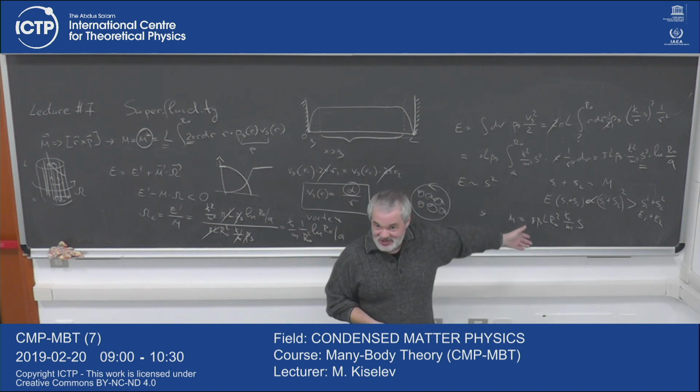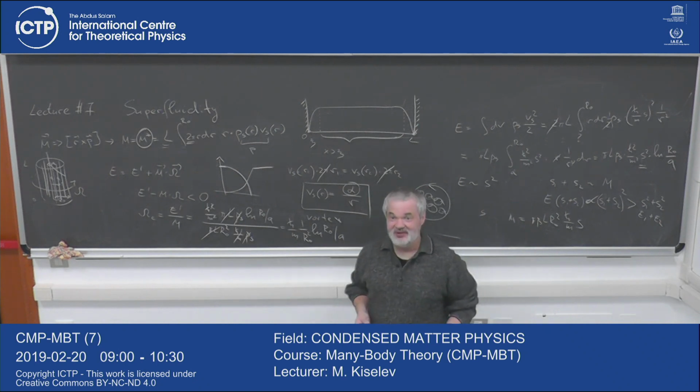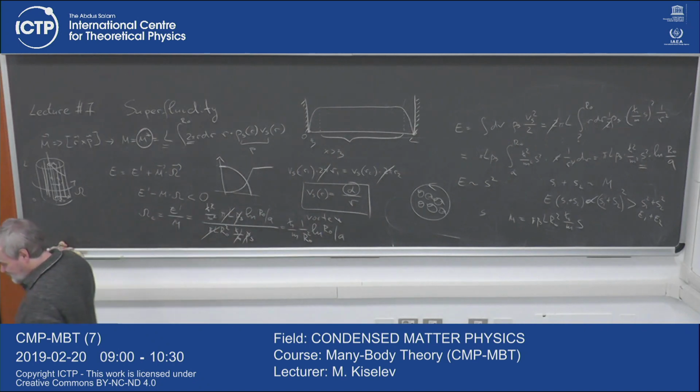Because for momentum it's the same, for energy it is not. Energy tells me that a system of many small vortices is much more energetically favorable than a large, big whirlpool or whatever.